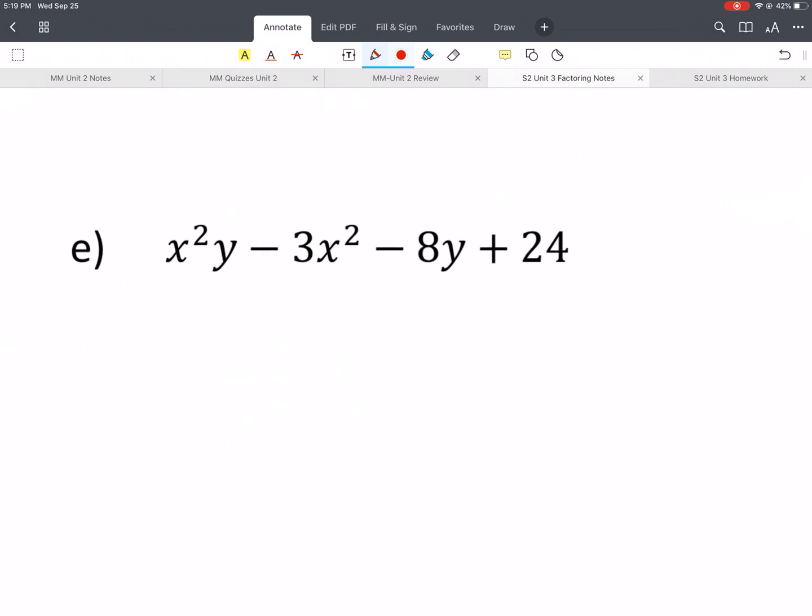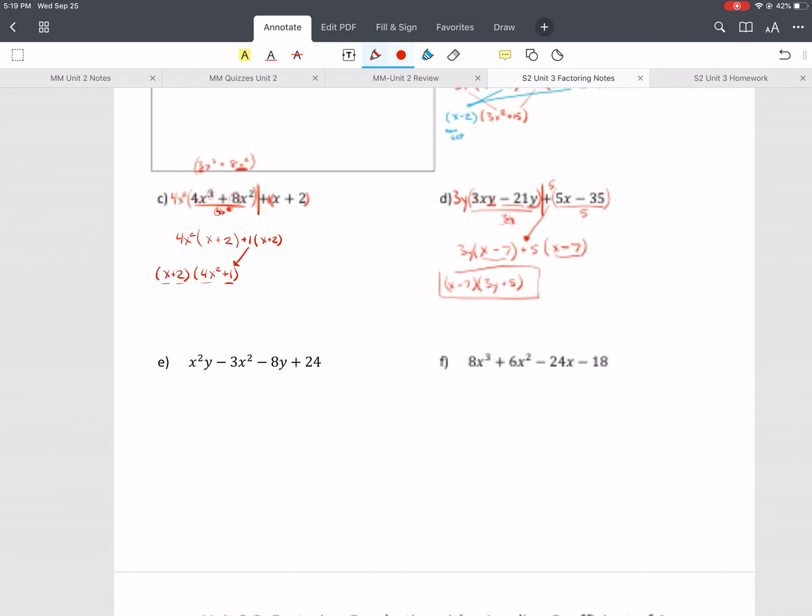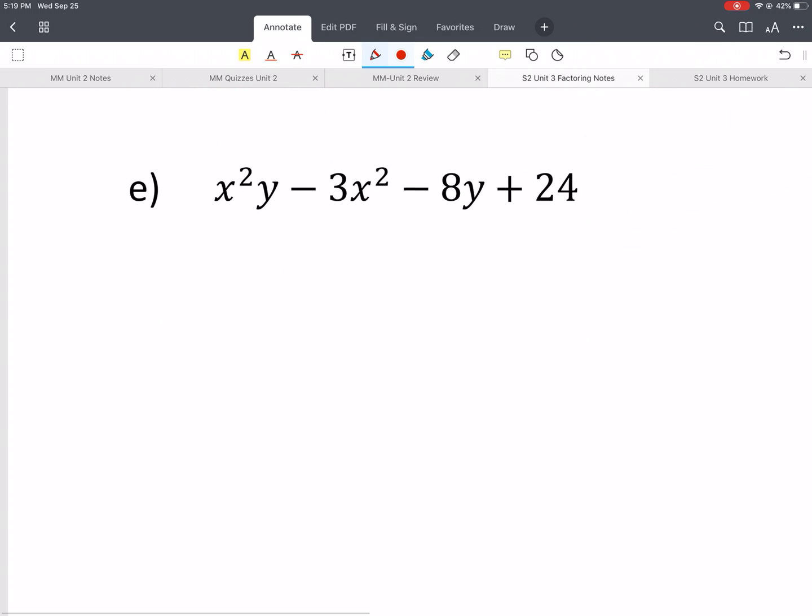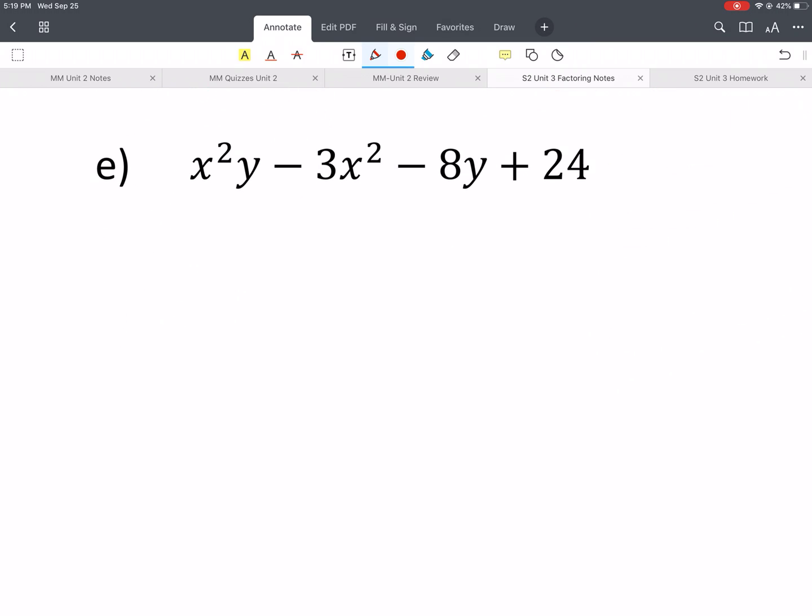Now we have some where we have x's and y's. So this one is kind of the same. What is the greatest common factor for the x's? Well, we can take out an x squared for both of those terms. We can't take any y's out. So we'd have x squared times y minus 3.